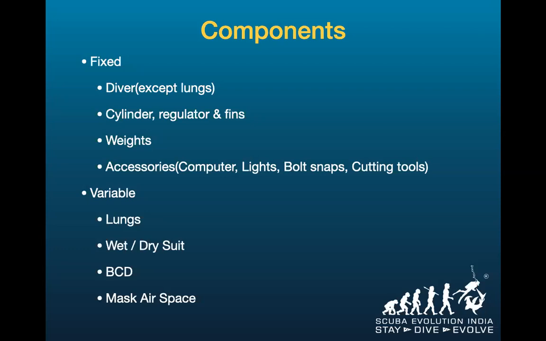So what I know for a fact is that you also have different types of cylinders. You have aluminum cylinders and you have steel cylinders. Based upon the characteristics of a different cylinder, as the gas keeps getting used from your cylinder, the cylinder characteristics keep changing its buoyancy. So in that sense, the cylinder is also variable, but here I've included it primarily as fixed, because the volume is not going to change so much.